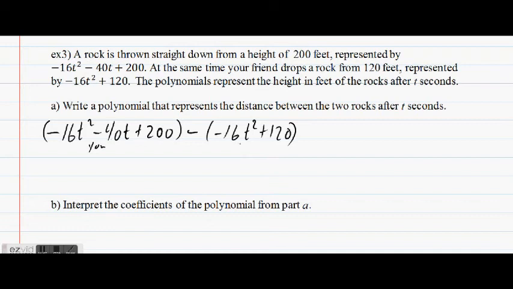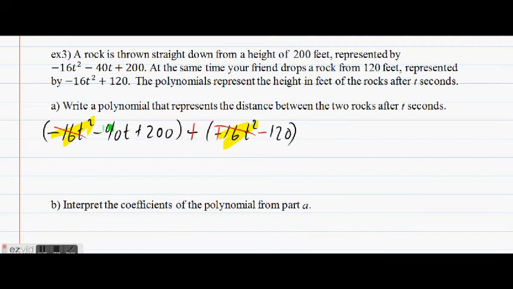Here's you, and here's your buddy. And we're going to find the distance between the two rocks after a certain amount of time. Alright, let's take care of the subtraction. Change those signs. Negative 16t squared plus 16t squared. Yep, you guessed it. They cancel each other out.